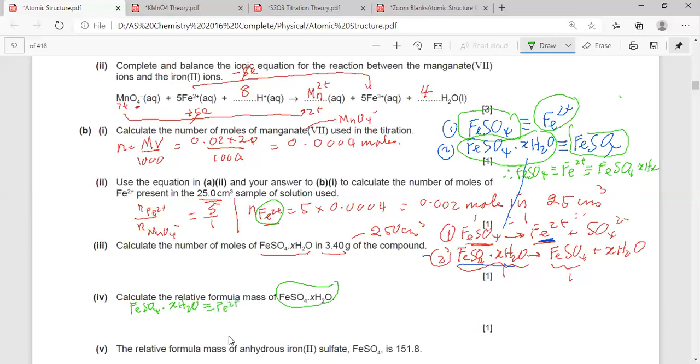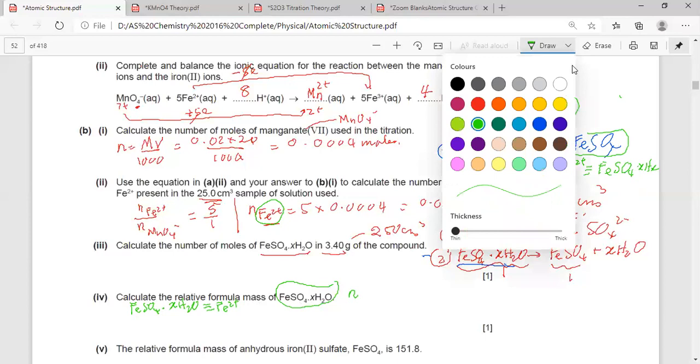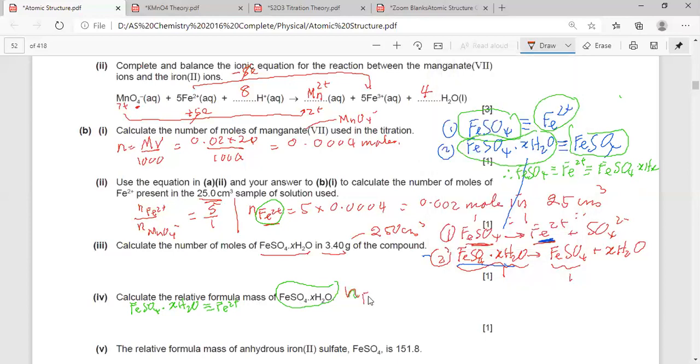So the number of moles of Fe2 plus in 250 cm cube, I better put red now, I cannot see it, will be 10 times this value, because 25 is this one here. So for 250 cm cube, 10 times this.